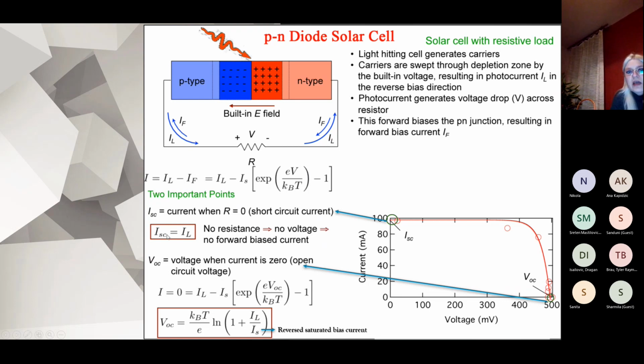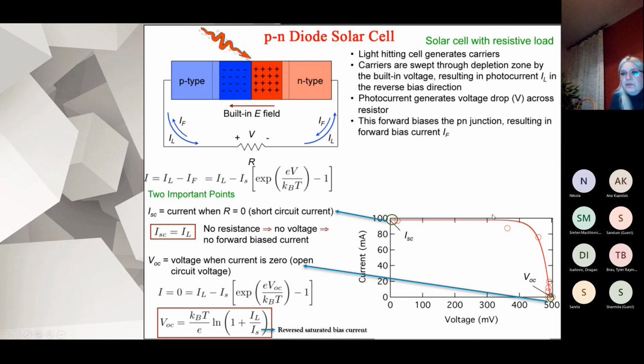So your short circuit current, the maximum current, this point here, is just equal to the light or photon-induced current. This is the situation where we don't have a voltage, and when we don't have a voltage, we also have no forward bias current.